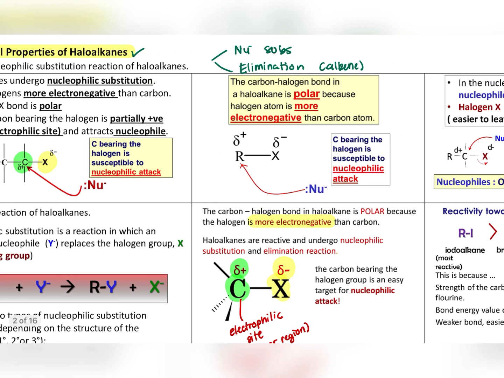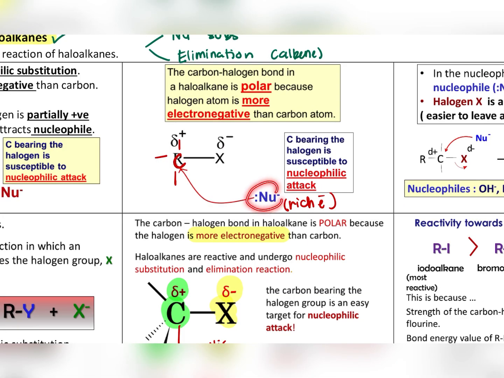Okay, nucleophile, the species that has rich electron, okay, extra elektron, dia akan attack carbon. Okay, so carbon apa? Carbon yang directly attached to halogen.